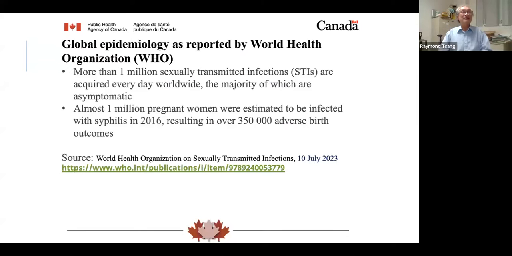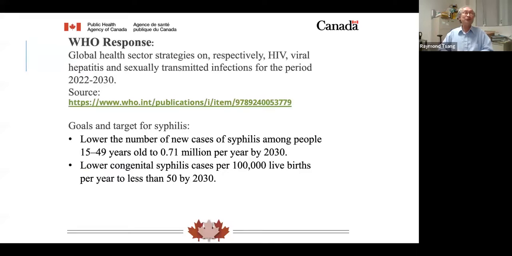I want to use just a couple of slides to show the global epidemiology, so that you can see the increase in syphilis is not just in Canada, but also happening elsewhere. Recently, in July 2023, WHO released the Global Epidemiology Report on STIs. They estimated more than 1 million STIs acquired every day worldwide. The majority are asymptomatic. Also, 1 million pregnant women were estimated to be infected with syphilis in 2016, resulting in over 350,000 adverse birth outcomes.